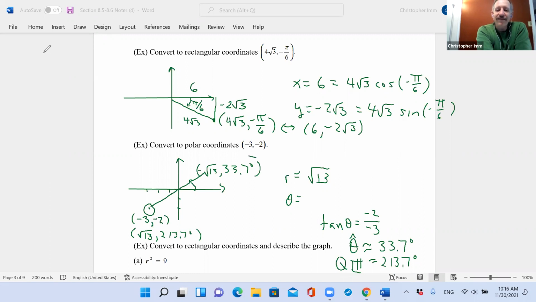So I would buy this coordinate as well. So this one would be there. Now let's see, negative 33.7 degrees. I'm not buying that one because it's going to put us over here, or if you flip it, it's going to put us here. Okay, so probably the most popular answers would be these 2.